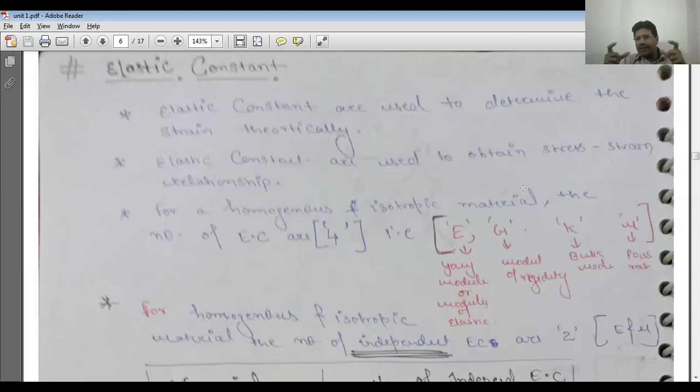In case of aerial expansion, the strain is given by delta A over the original area, that is, the change in area divided by the original area.